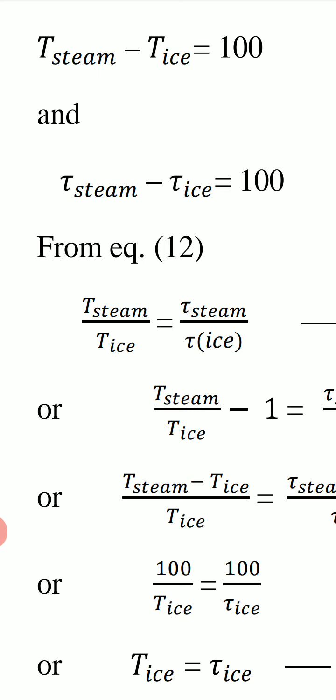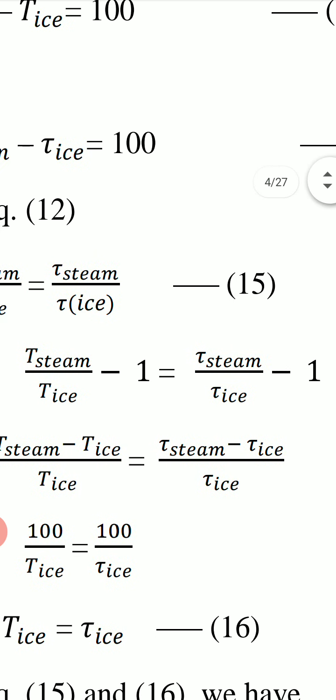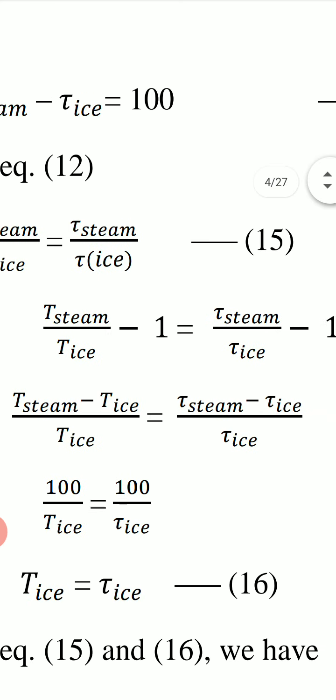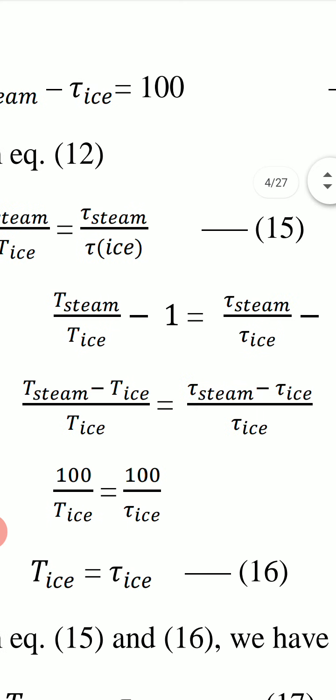If we subtract 1 from the left hand side and right hand side, we get T steam upon T ice minus 1 equal to tau steam upon tau ice minus 1. If we solve this equation, we get T steam minus T ice upon T ice equal to tau steam minus tau ice upon tau ice, and the differences of the two temperatures in the numerators on both the left hand side and right hand side are equal to 100.